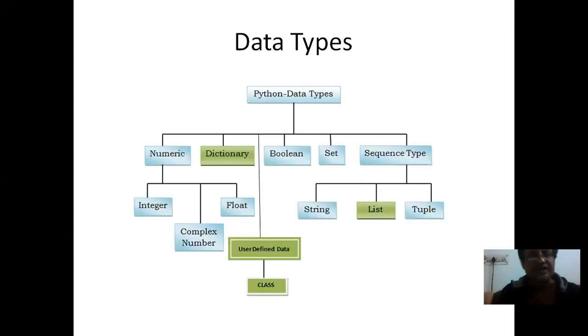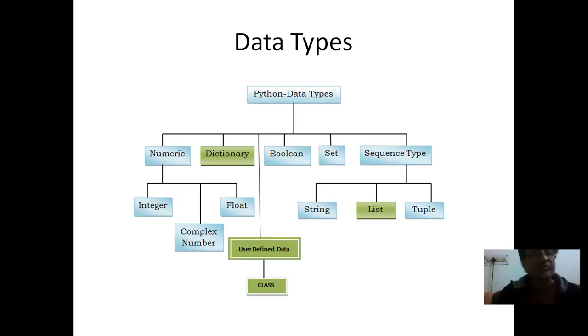Now let us check the Python data types. Python data types are broadly classified as numeric. Numeric is broadly classified as integer and float, which I discussed. Another part is the complex number. Maybe you have studied it in school: it has a real part and an imaginary part, represented as a plus ib, where a and b are scalar values and i is the imaginary part.